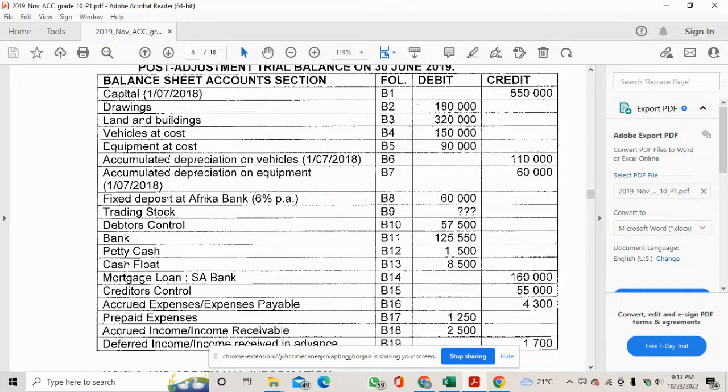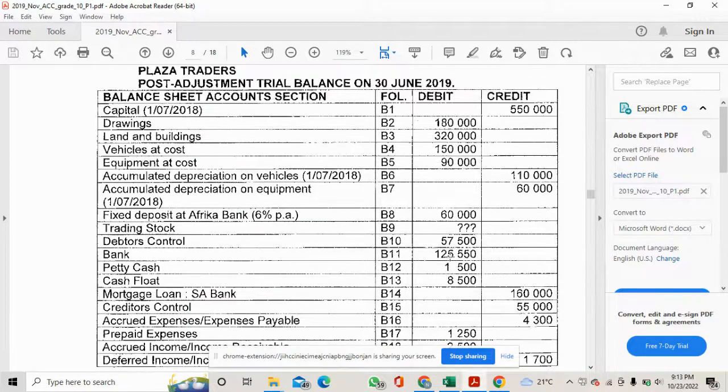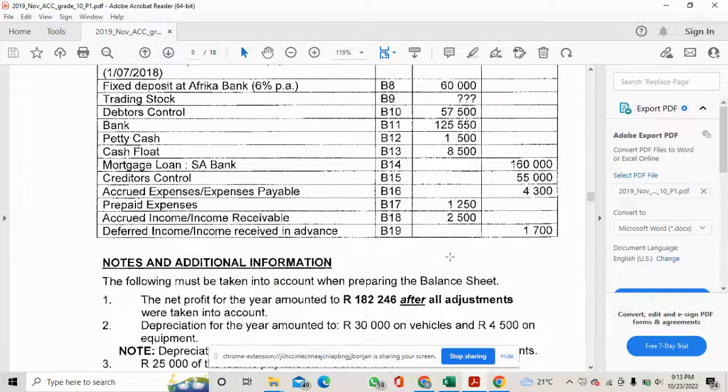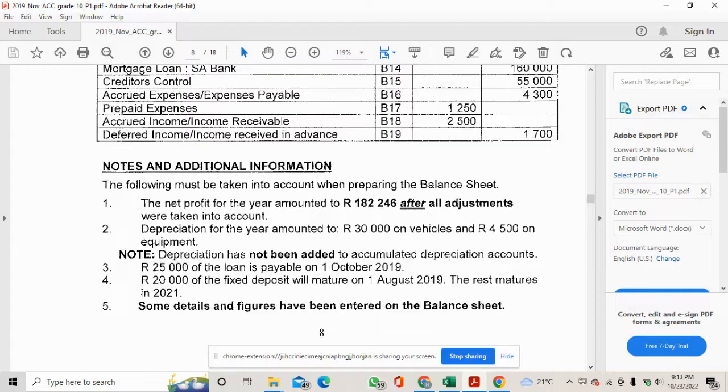We don't have the nominal account section. As you know, you use the balance sheet section to do our statement of financial position, and the nominal account section to do the income statement, or the statement of comprehensive income, or the statement of profit and loss, right? So we have notes and additional information.